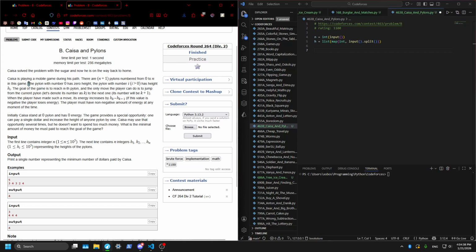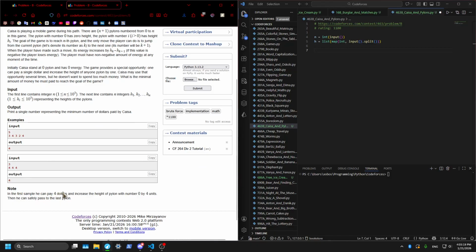Okay. Jump from the current pylon to the next one. Its energy is increased by height k minus height k plus 1. Okay. If the value of energy is negative, it must be non-negative. Okay, I get it.